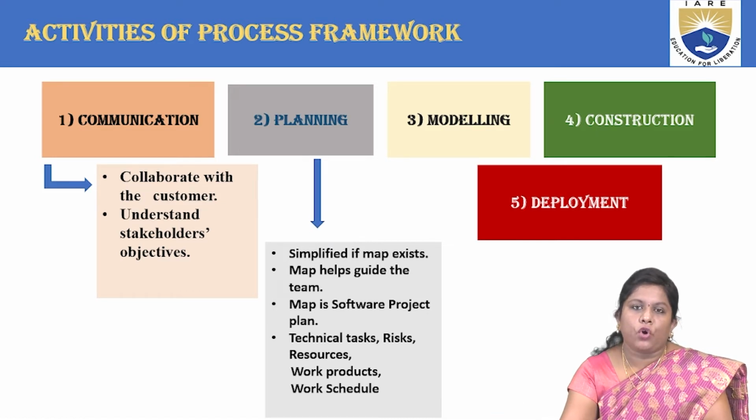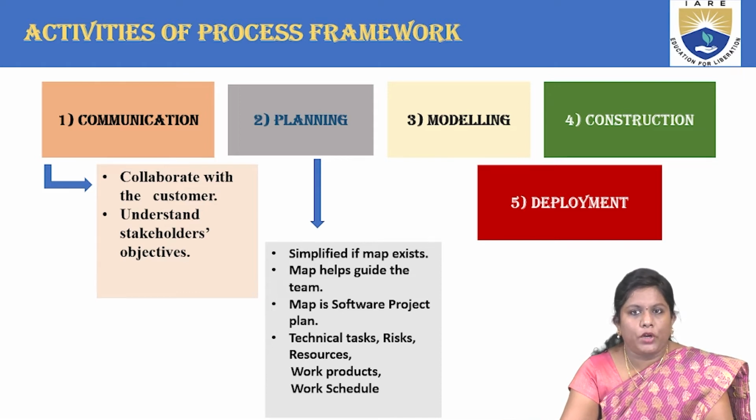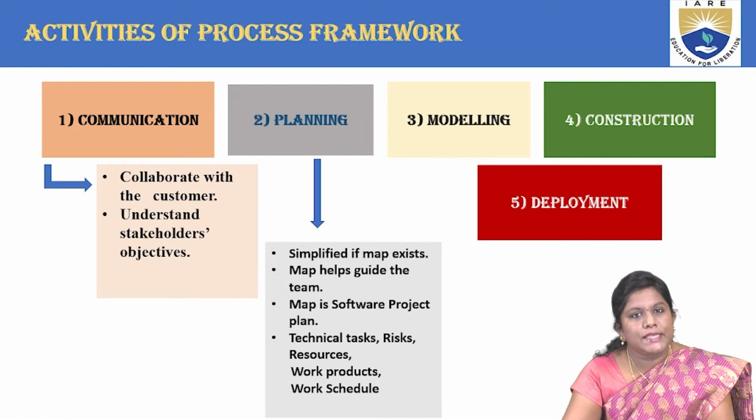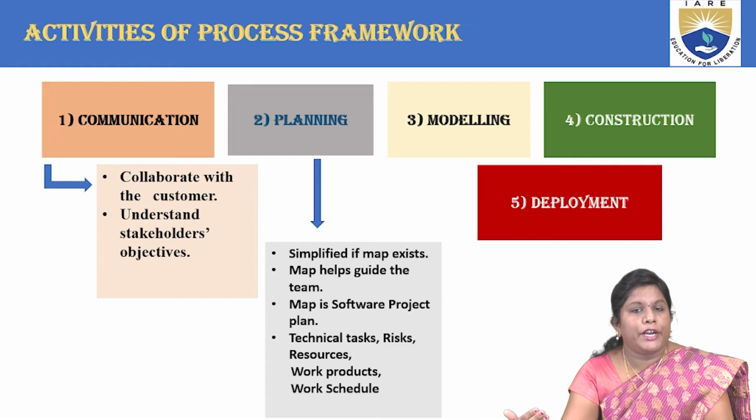Then comes the focus of the technical tasks, risks, and resources. The major things that have to be executed or worked upon are called technical tasks. Risks: if you are implementing this particular code, are there any risks in this? All those have to be noted.